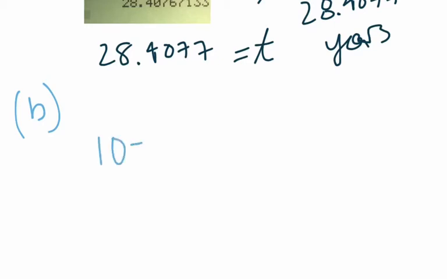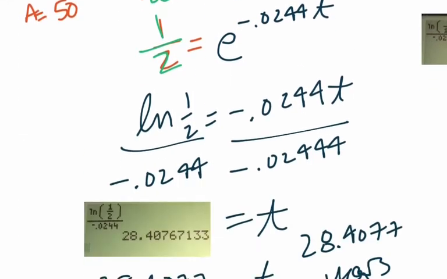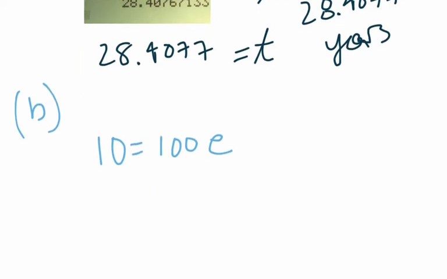So I'm going to set 10 equal to 100 e to the, and remember it started out as negative 0.0244 t, and I'm looking for the time.